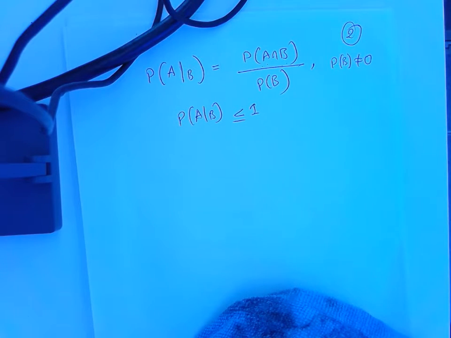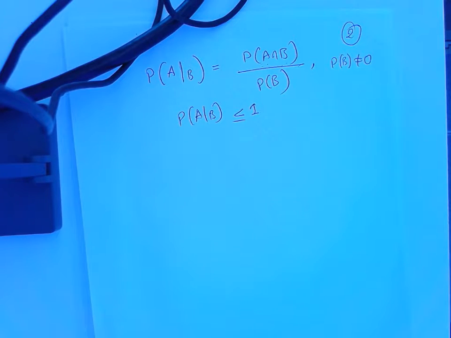Again, pay attention to the technical details. I know that the overlap is going to be less than or equal to the probability of B, because there's only one element in the overlap.